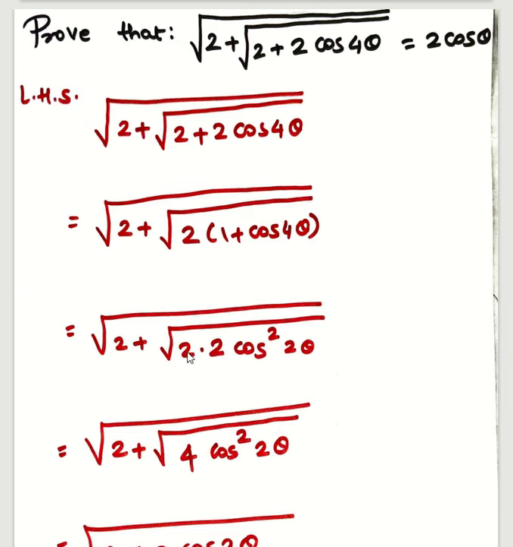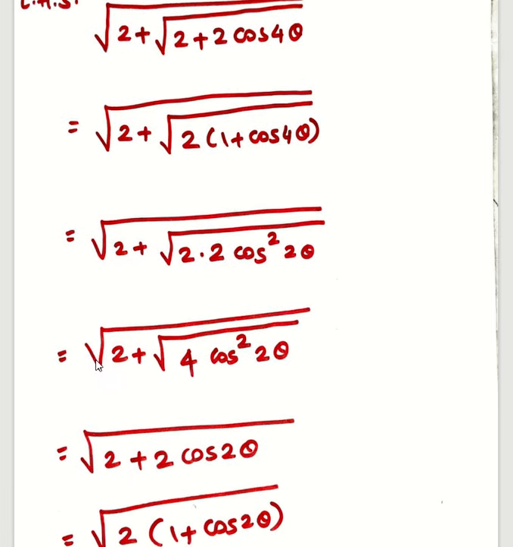After that, what is 1 + cos 4θ? It is equal to 2 cos² 2θ, because what is half of 4? 2. Now what is 2 into 2? 4, and this cos² 2θ. So you will get √(2 + √(4 cos² 2θ)).